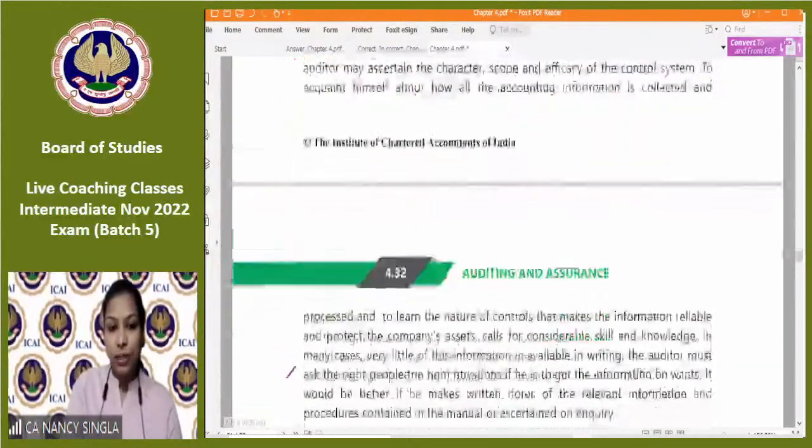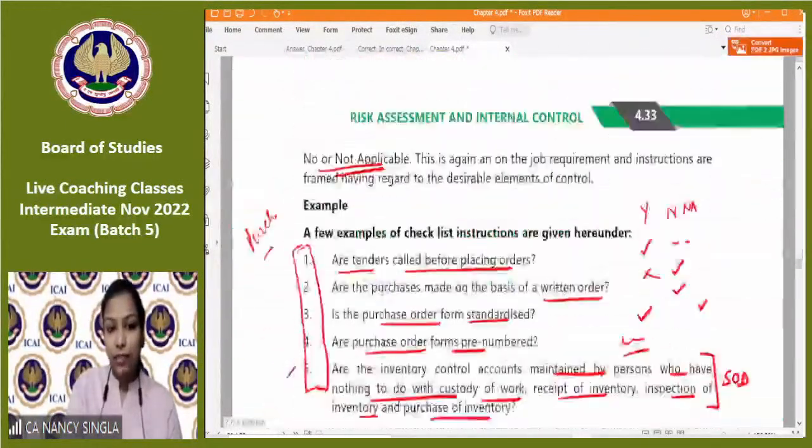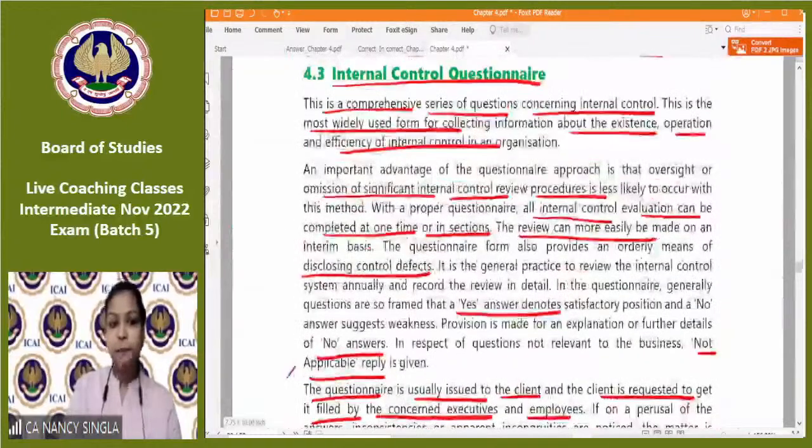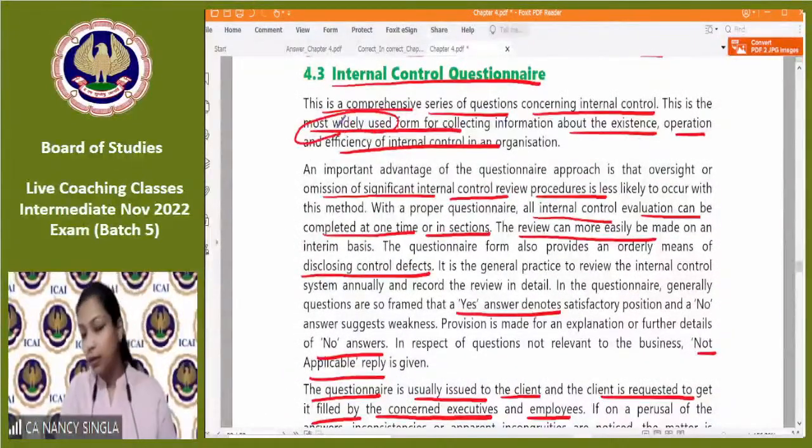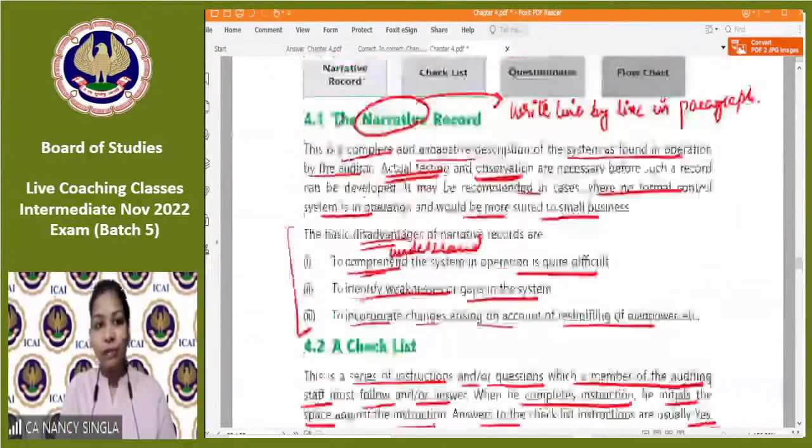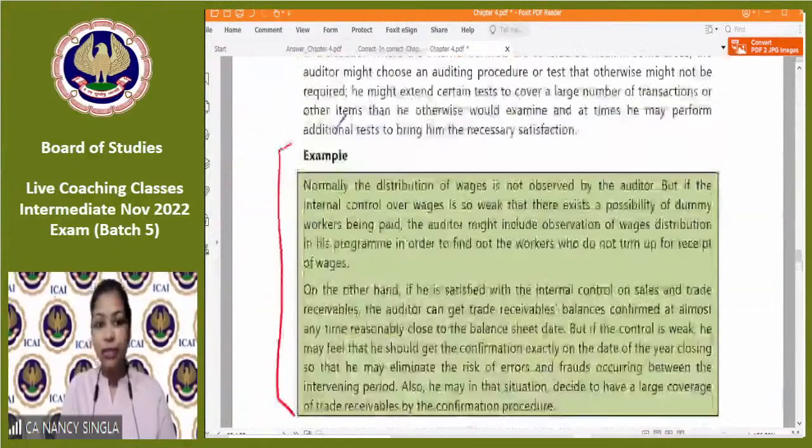See, Sri Ram, it is mentioned here that the most widely used form is ICQ. In paragraph 4.3 it is written. I've asked you to read this.